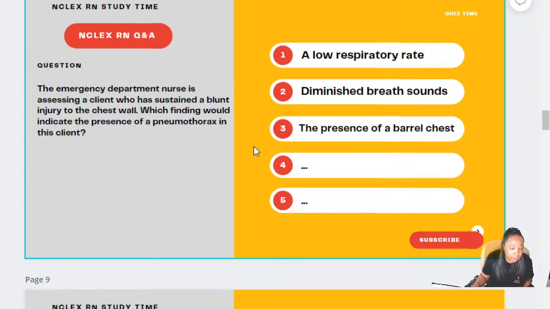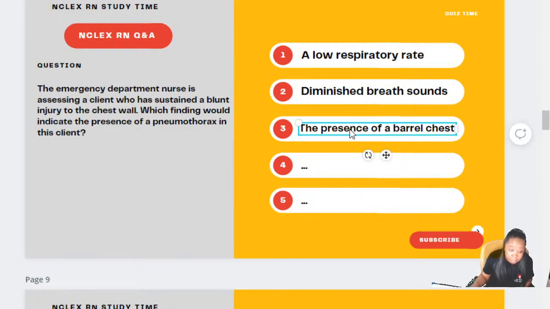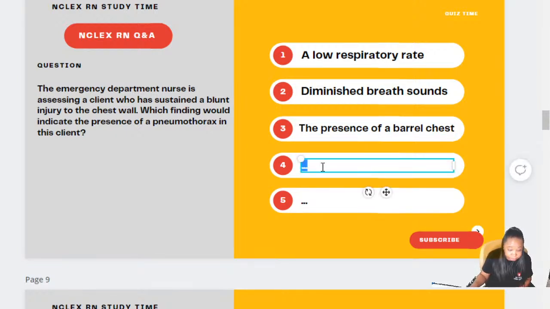At a certain time, the chest becomes like those people who do bodybuilding, and they have that very puffy chest, like they are about to fight with you. This is the barrel chest. Will you see a barrel chest in a patient that has pneumothorax? Let's go to the next one and then we will decide.